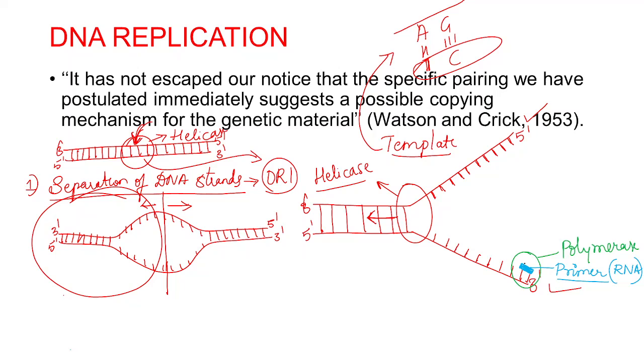The formation of the new strand will take place in this particular direction, with nitrogenous base pairing. Do remember that formation of a new strand of DNA will always take place in the direction of 5' to 3'.